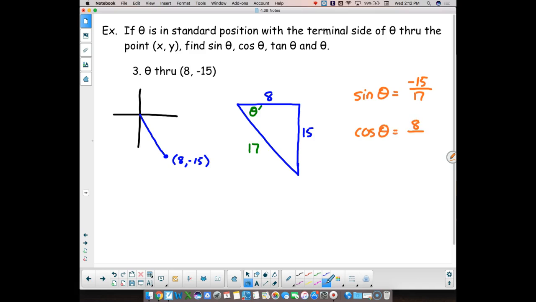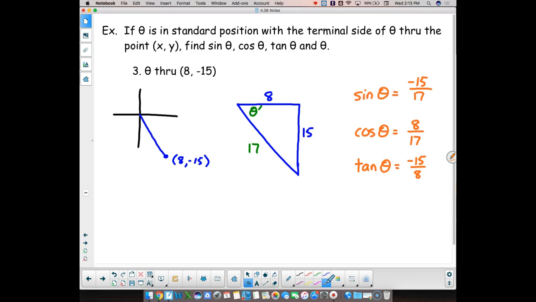That's going to be 8 over 17. We can find the tangent of theta. That's going to be negative 15 over 8. So we can find all of those just by finding our r value, which was 17.